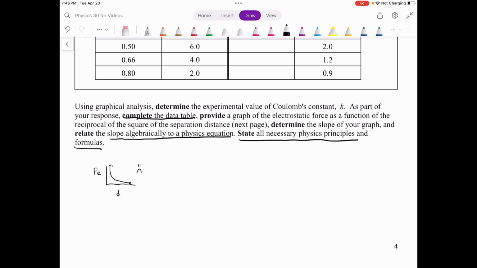But that's because the equation is this, and therefore the relationship is this between FE and the distance they're separated. Again, they're using D instead of R, but it means how far apart they are. But like we just saw in the previous page, that means FE as a function of 1 over R squared will make a straight graph.